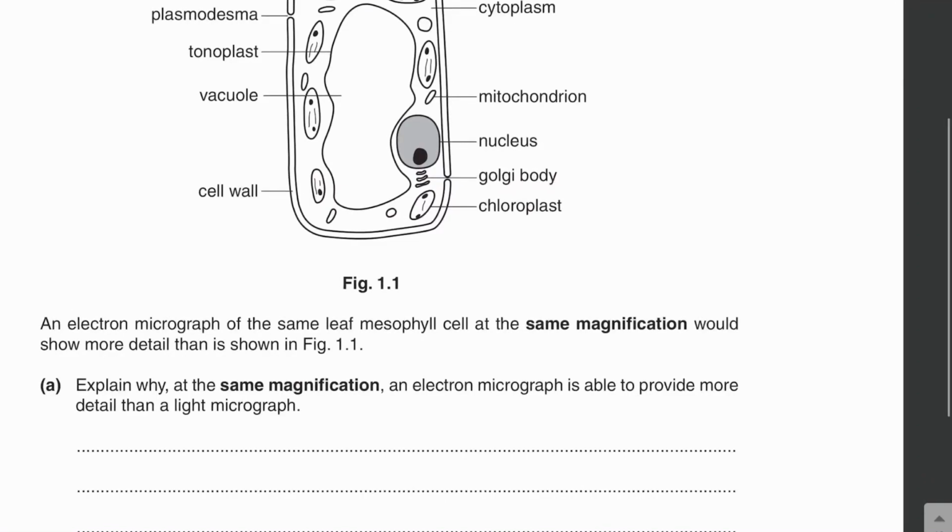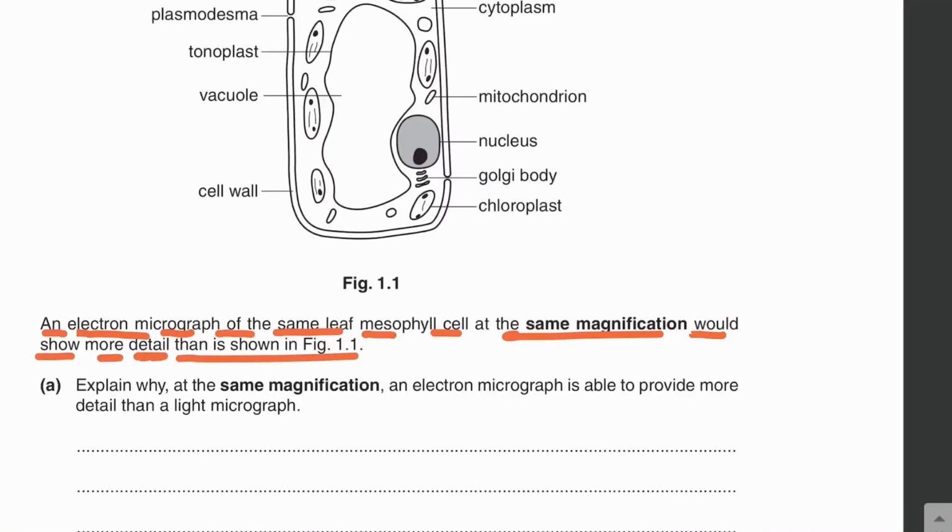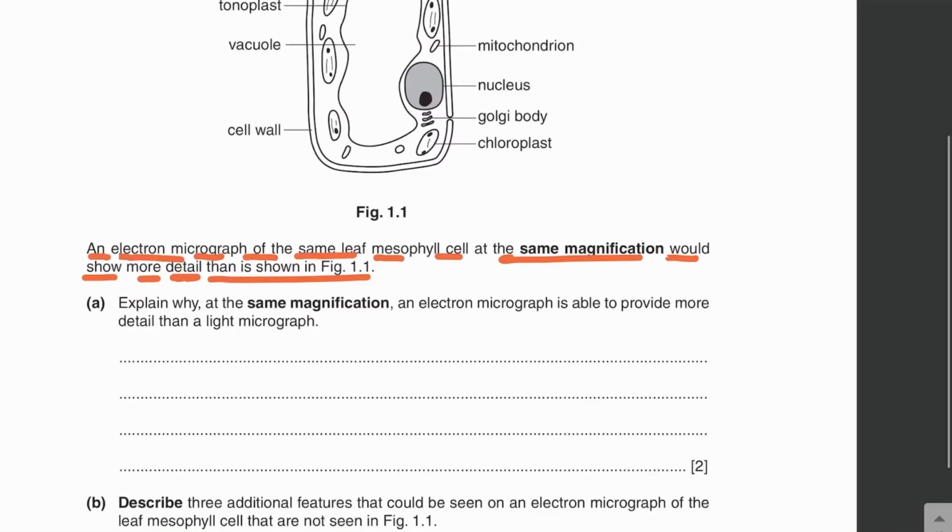An electron micrograph, which is a picture taken from the electron microscope, of the same leaf mesophyll cell at the same magnification, would show more detail than is shown in figure 1.1. So they are asking about the detail, right? Again, we have to mention the resolution. Explain why at the same magnification an electron micrograph is able to provide more detail than a light micrograph.